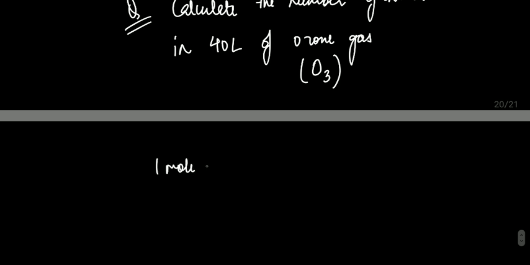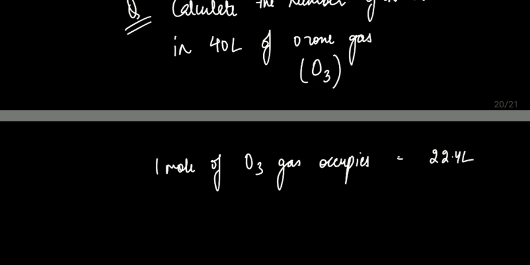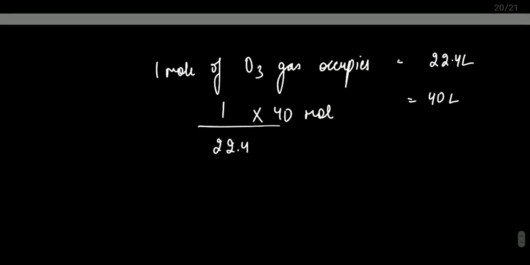Moving ahead, 1 mole of ozone gas occupies 22.4 liter. 40 liter will be equal to how many moles? 1 divided by 22.4 into 40. So I'm going to keep it in the fraction only over here.